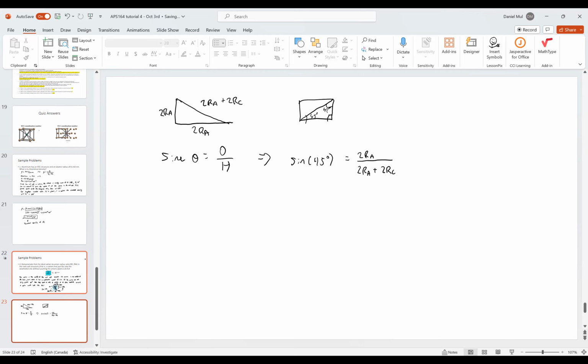And then we just have to isolate RC over RA. So RA sine 45 plus RC sine 45 equals RA, so RC over RA sine 45 equals RA over RA.